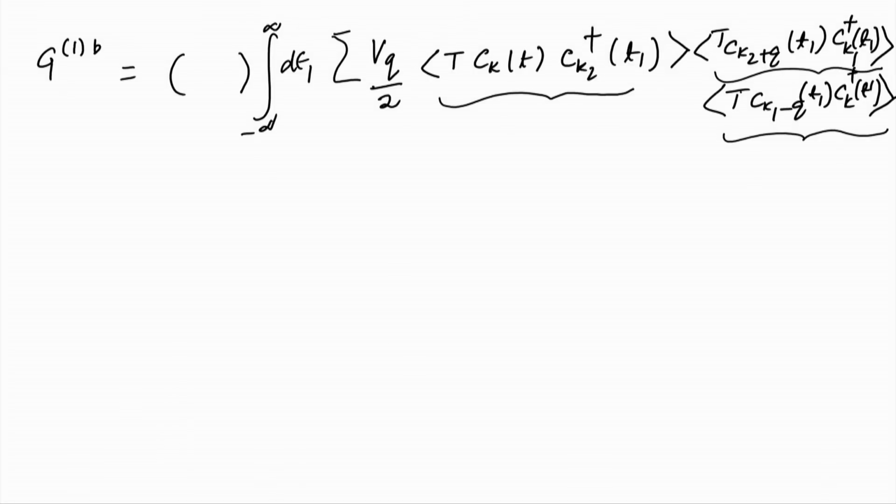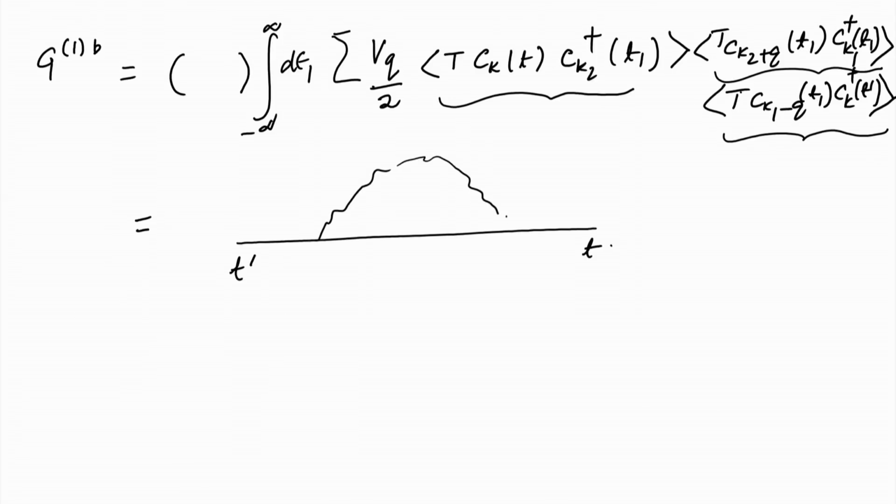And this term can be written as, so this term is equal to, so there is a line which goes from T prime to T, and so there is a time T 1, and so this is k, and this is equal to k 1, and this is equal to k again, and there is this term that goes from.